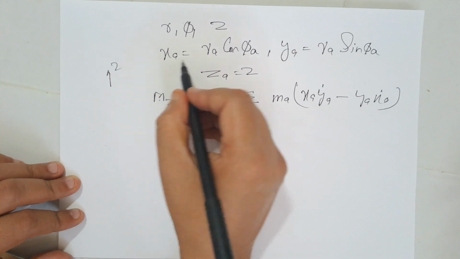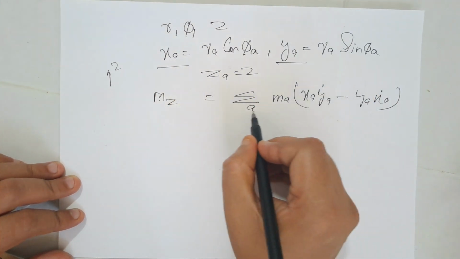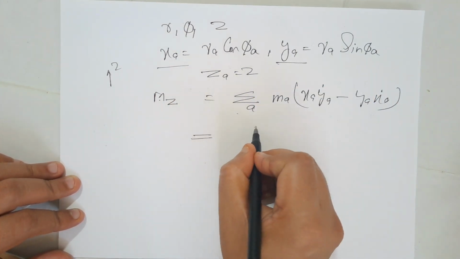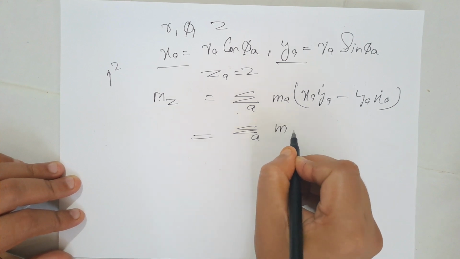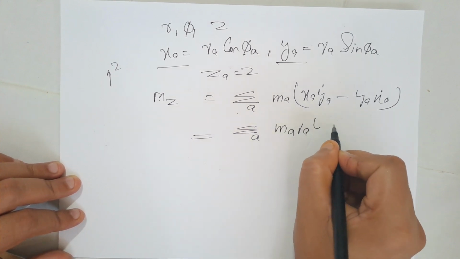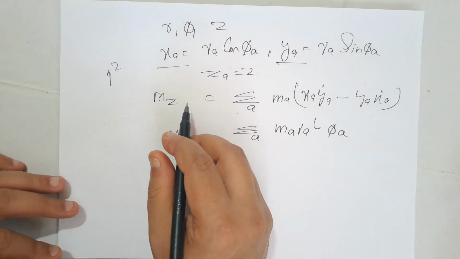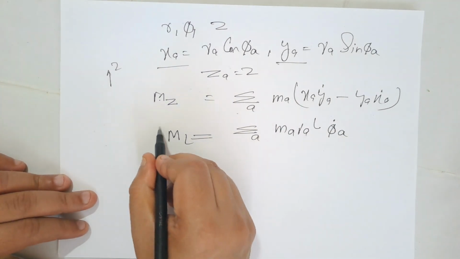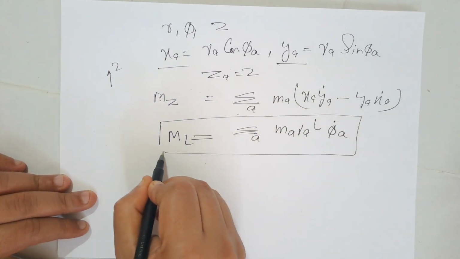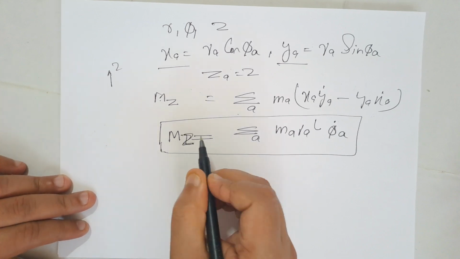If we differentiate this and plug into this equation, we will get the sum of m_a r_a squared phi dot a, which is M_z. This is the component of the angular momentum along the z direction.